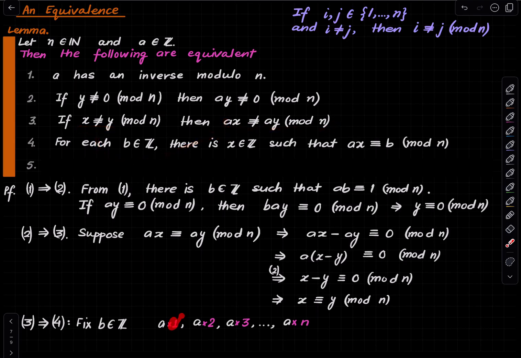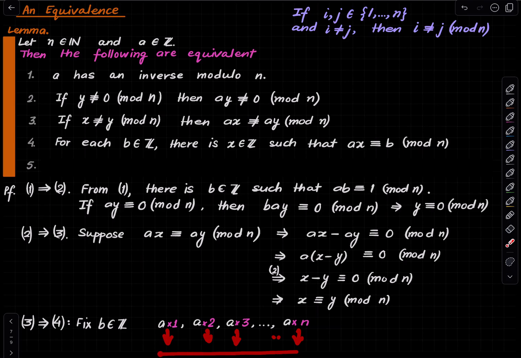So these pink numbers that are written here, they are pairwise mutually incongruent. So their scales by a are also pairwise mutually incongruent. So if we write down the remainders of these numbers modulo n, they will all be different. They will be pairwise different. So it has some remainder, this has some remainder, this has some remainder, and so on. So if you write down all the remainders modulo n, we will see n different numbers written over here.